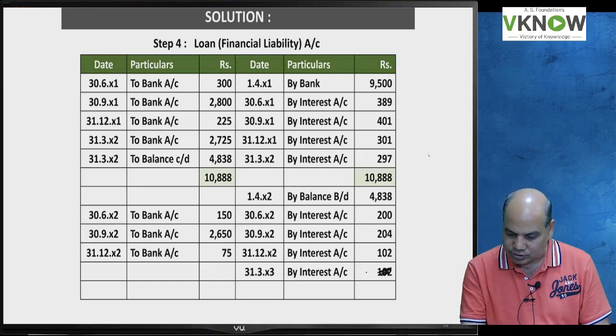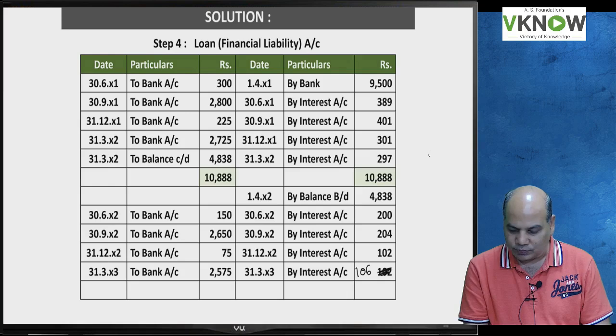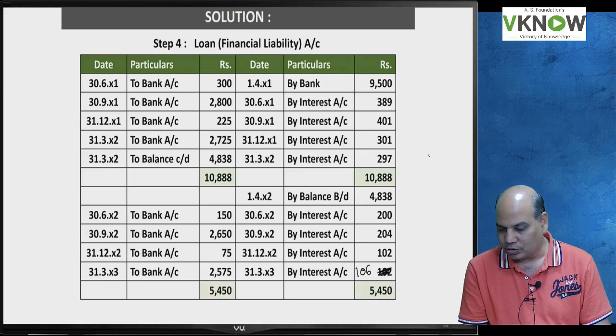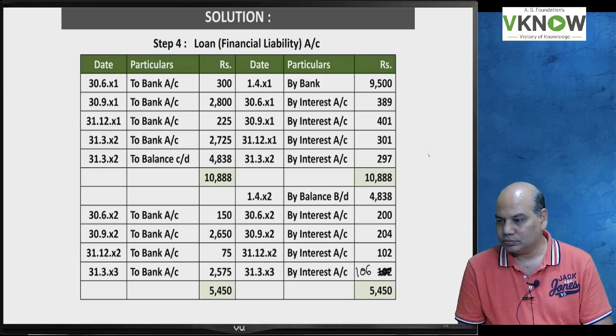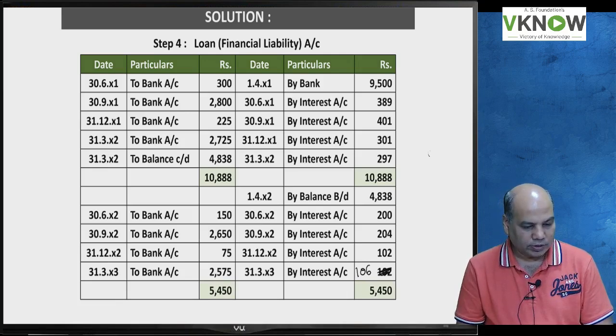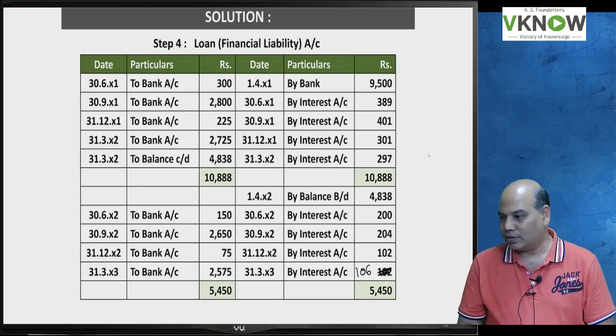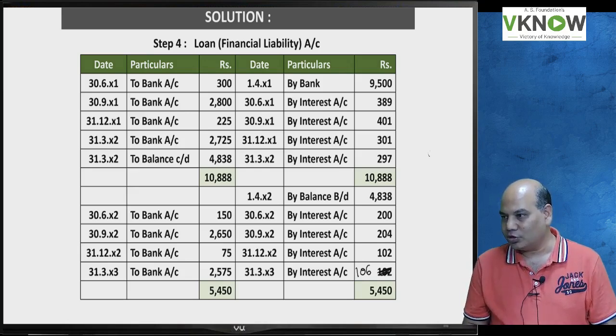It was 106, and to bank 2575. It should tally automatically. 5450. That was a question from the study material. Our presentation will not match with the institute. Okay.